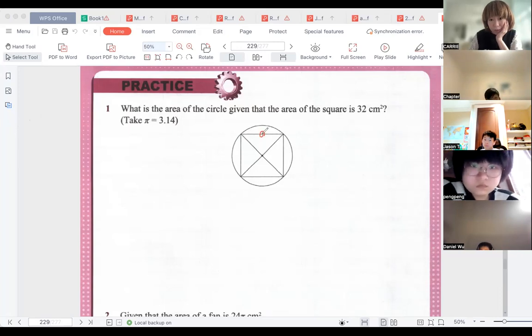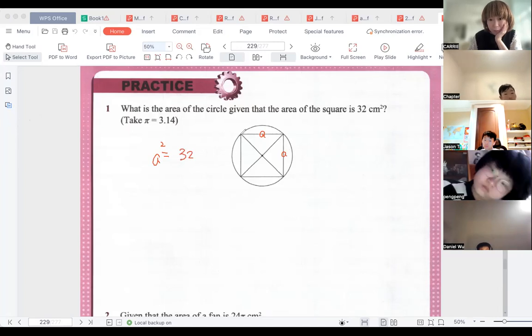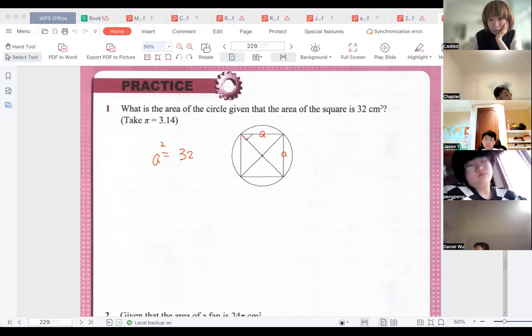So that means if we name this A, Chapter, this is A, that means A squared equals 32, correct? And we want to find out the diameter, then we can find out the radius. So we can just have this one as a special right triangle here.